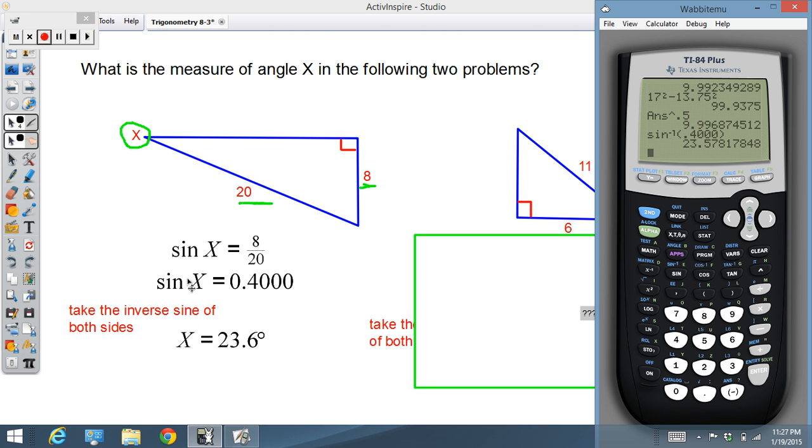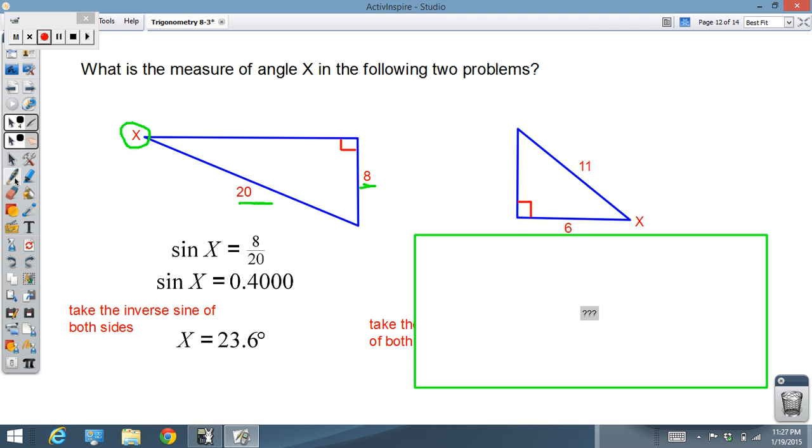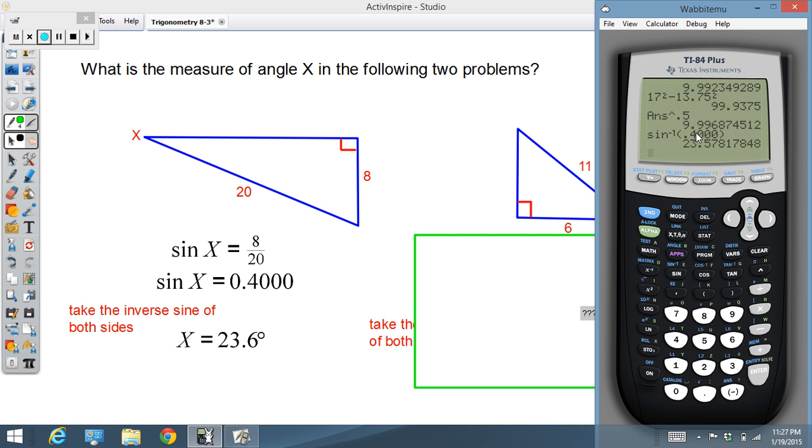So if I know the angle, I use the sine and it gives me the ratio. But if I know the ratio, I use the inverse sine to give me back the angle, okay? We will have a little bit of practice with that. So we use the inverse sine of 0.400 to get the angle back, 23.6.